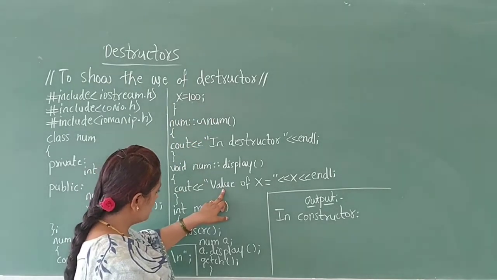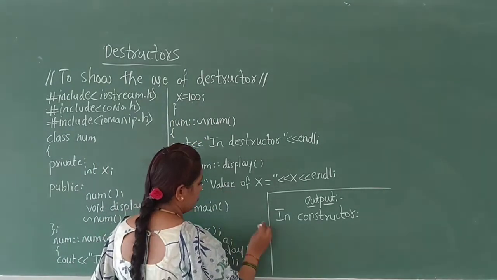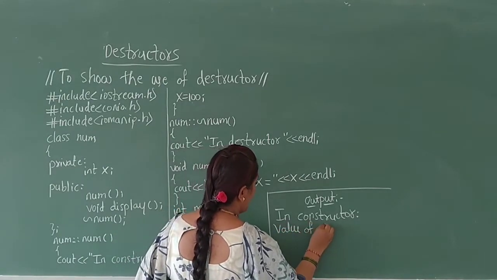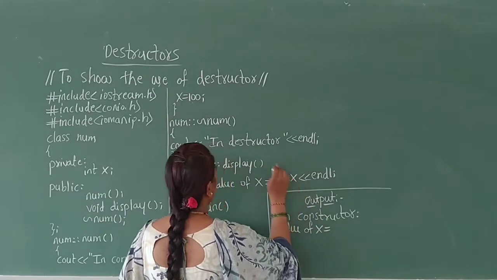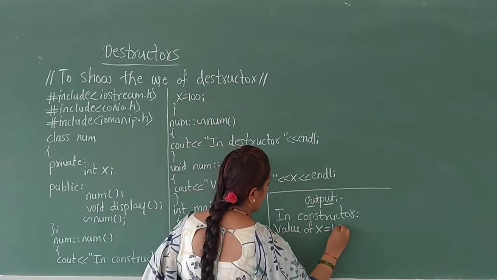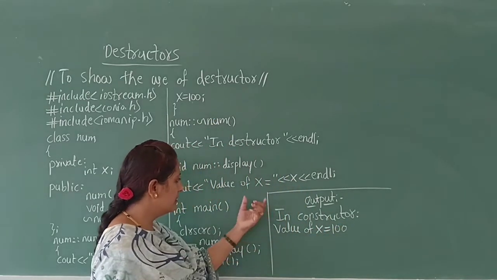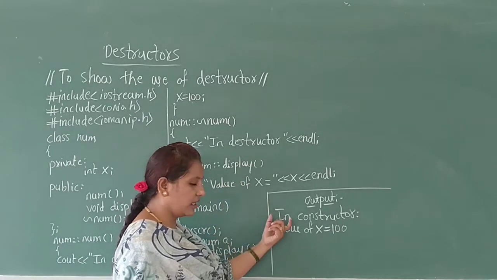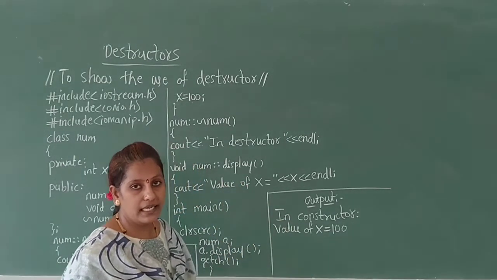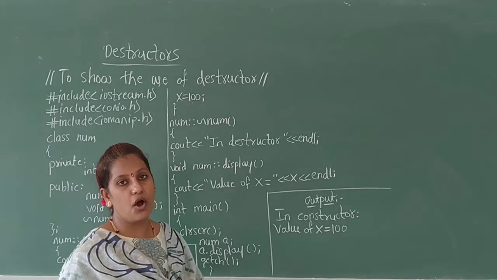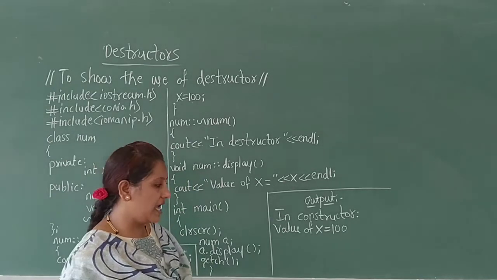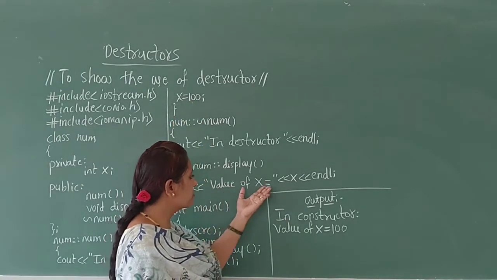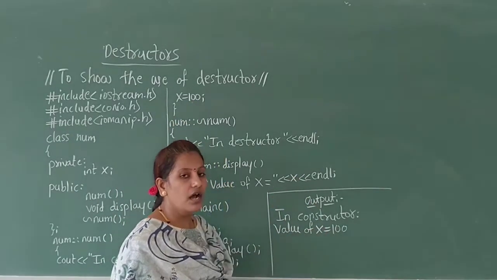Then in the display function it executes "value of x is equal to" with x value 100. When this is executing, the constructor is called automatically and it initializes the object with a value, that is 100. Then it displays the value of x is equal to 100.